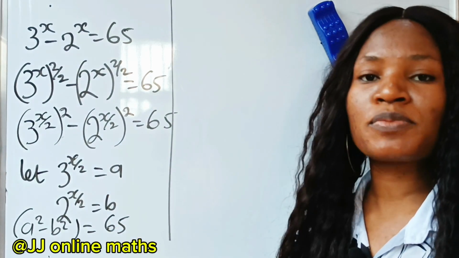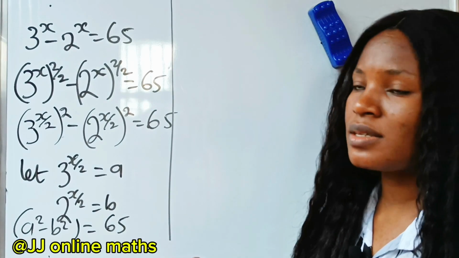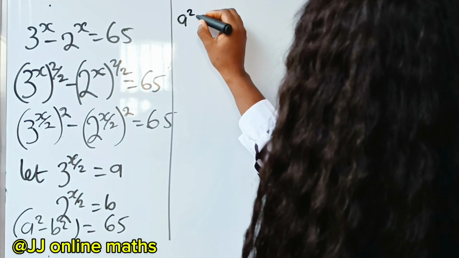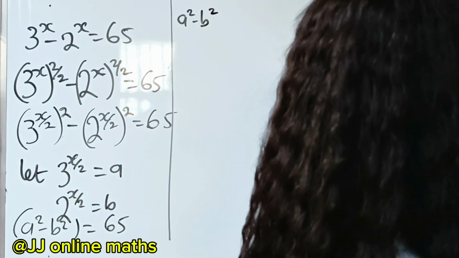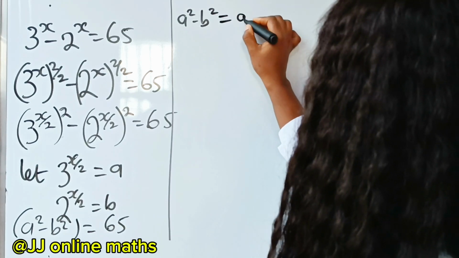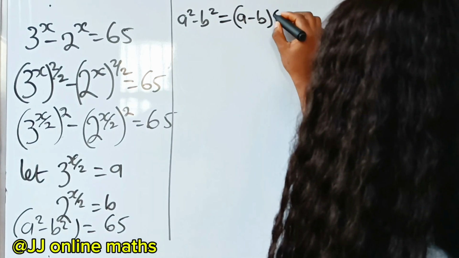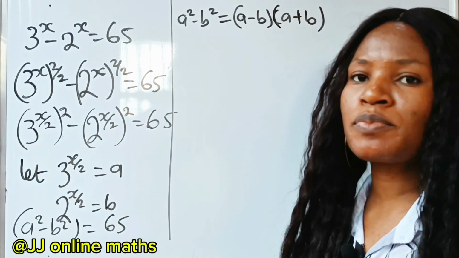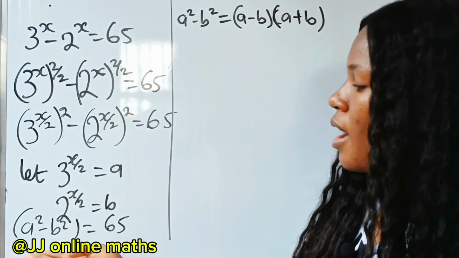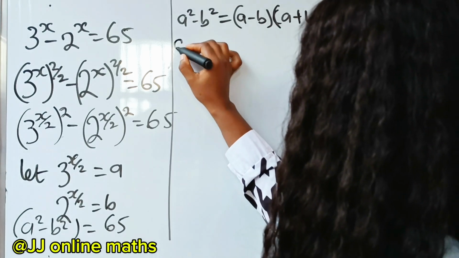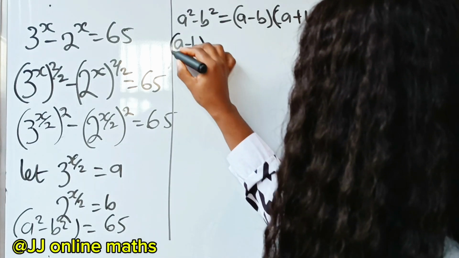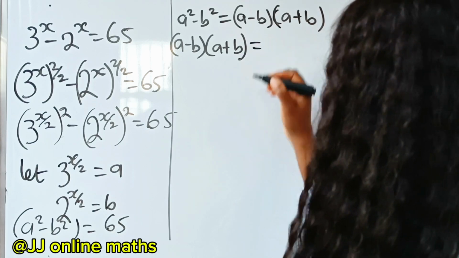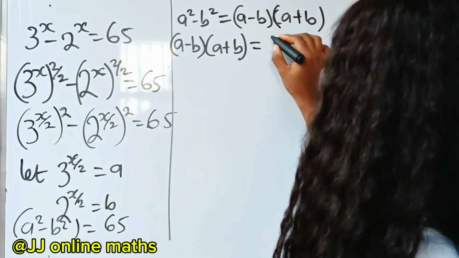Now a squared minus b squared is an algebra identity that states that a squared minus b squared is equal to a minus b multiplied by a plus b. That means we can rewrite this as a minus b multiplied by a plus b is equal to 65.